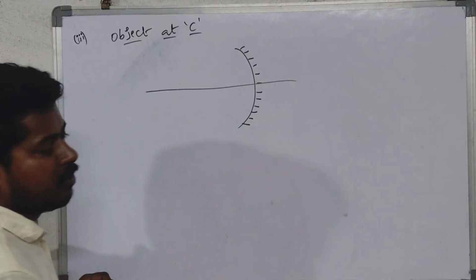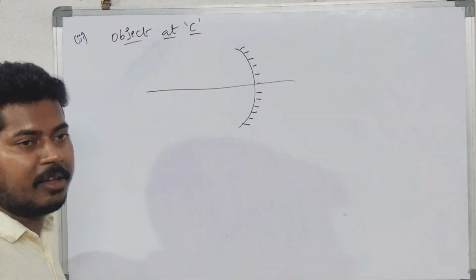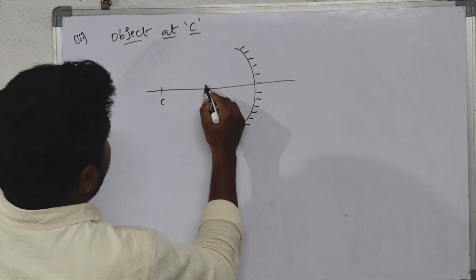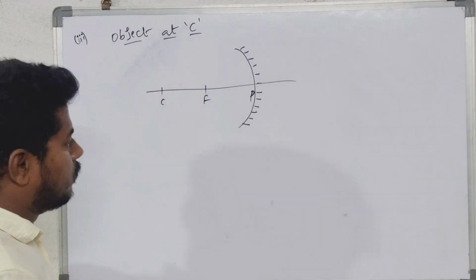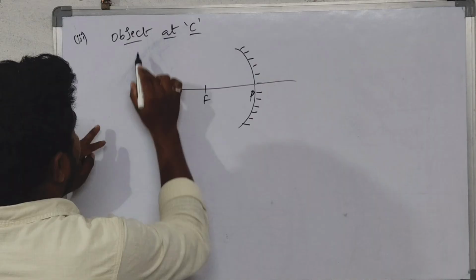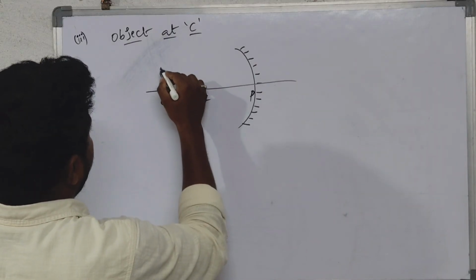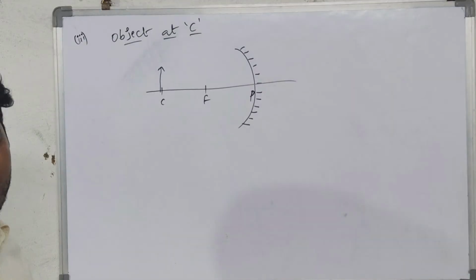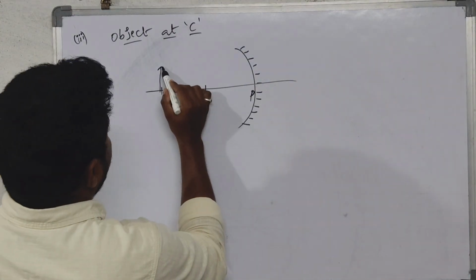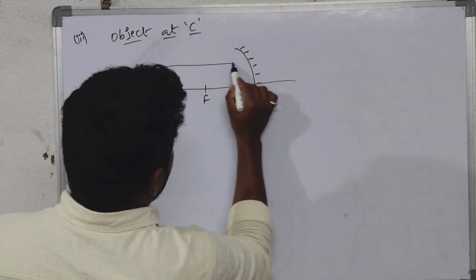The principal axis passes through the center of the mirror, and the center of curvature, focus and pole lie on the principal axis. In this situation, the object is placed here, and now we have to apply the possible rules. First rule is valid.